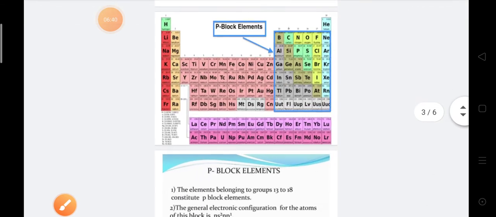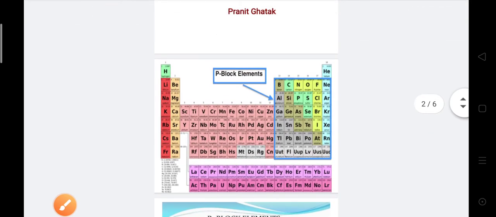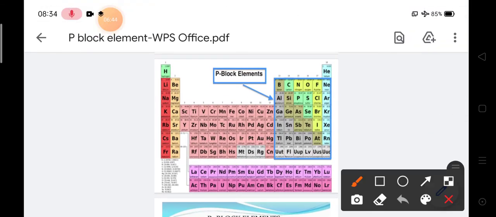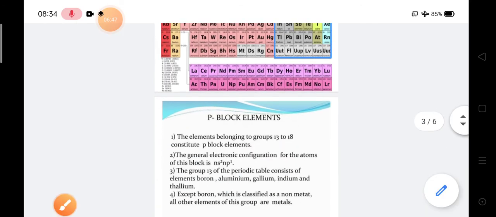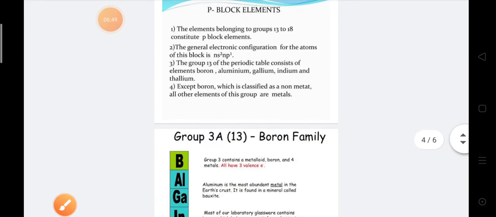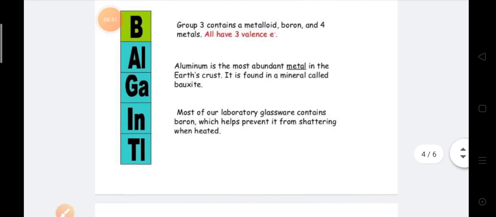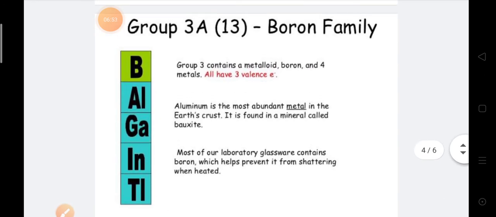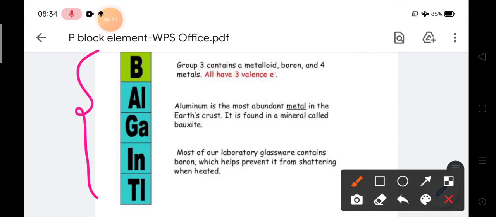Okay, as we have two groups, that is group number 13 and group number 14, today we will deal with group number 13. In the case of group number 13, the elements are boron, aluminum, gallium, indium and thallium. These are the elements down the group.